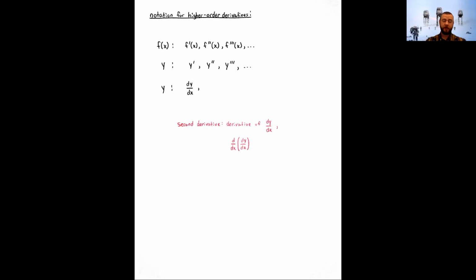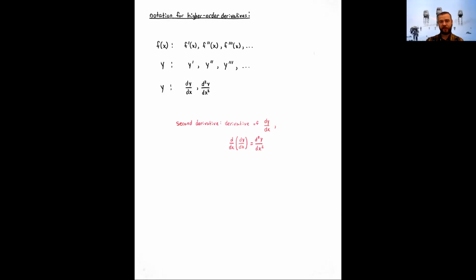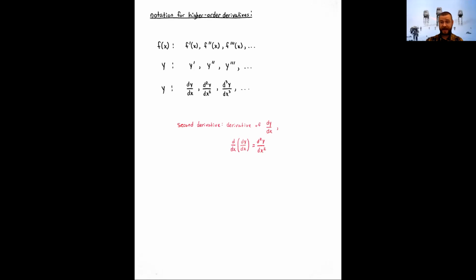That's the notation dy over dx. The second derivative, it's the derivative of dy over dx. Now it's a little awkward, but d/dx of dy over dx, it looks like we're multiplying. So we're going to write that in shorthand notation to be this. Then we can express a third order derivative in Leibniz notation as that.